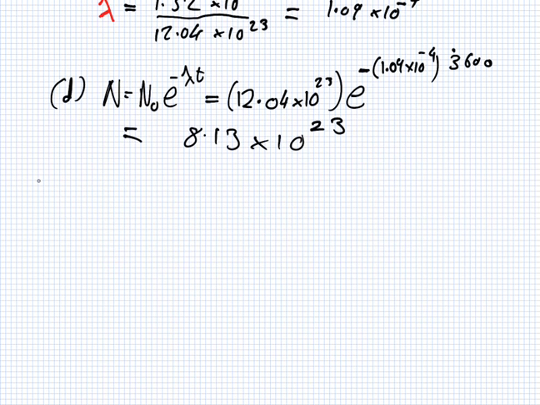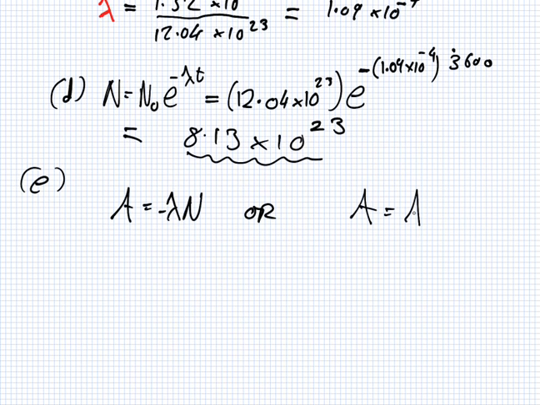You can use A equals lambda N because we know the N, or you can use A equals A0 e to the minus lambda t. Which would you like to use? Easier. So can you multiply that N by the lambda and tell me what you get?